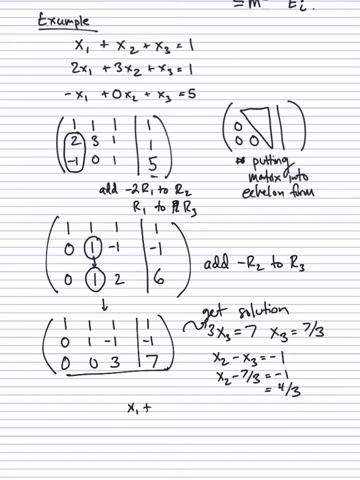Finally, the first equation looks like x1 plus x2 plus x3 is equal to 1, and we know this is x1 plus 4/3 plus 7/3 is equal to 1, so x1 is minus 8/3.